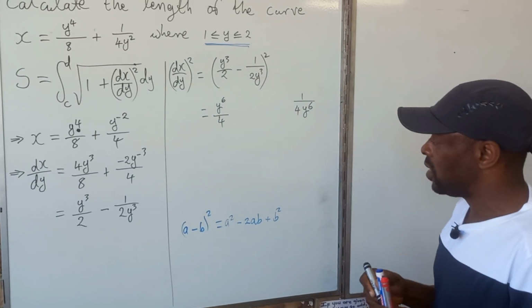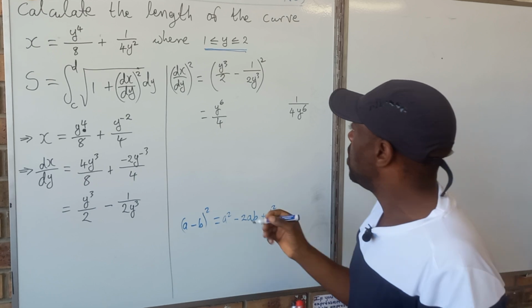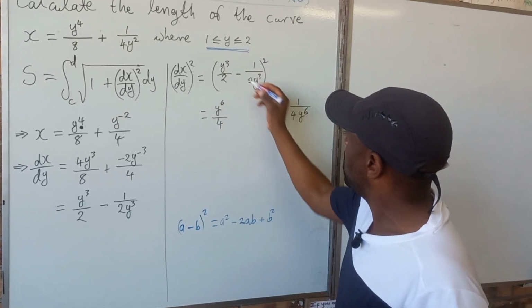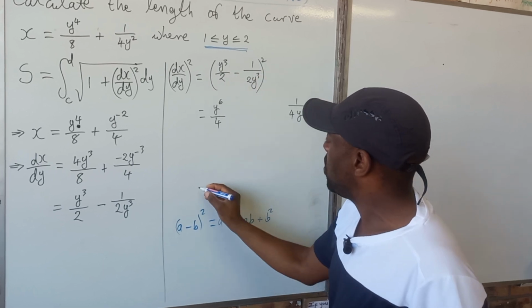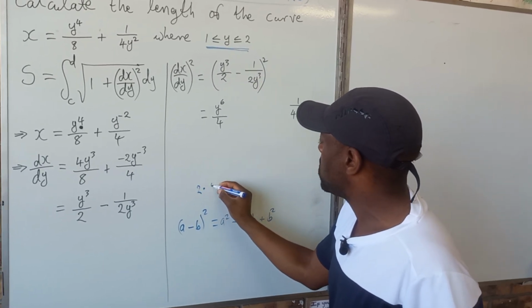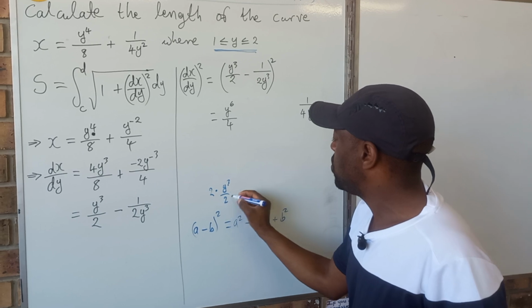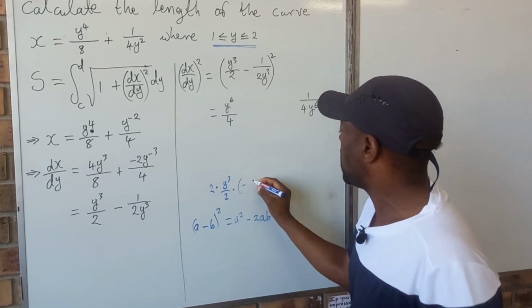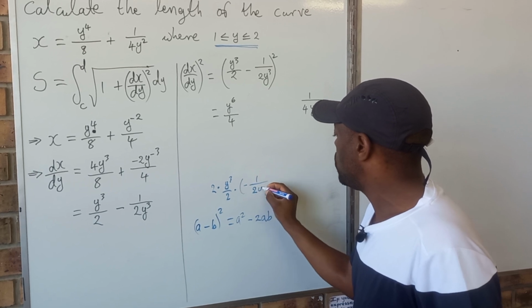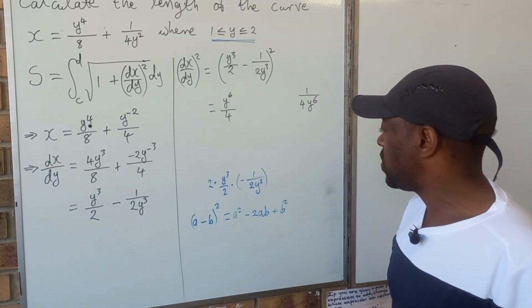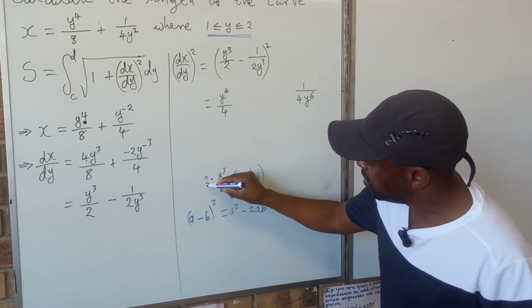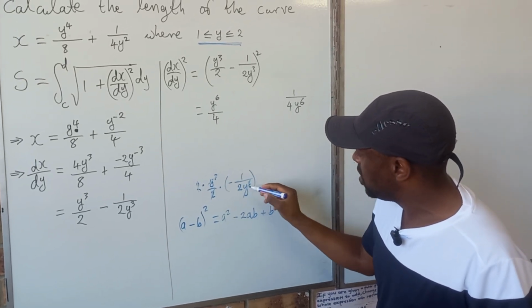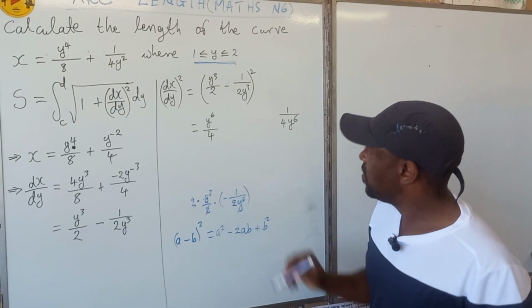If it looks too complicated for you, you can do it gently. The middle term says you take 2ab. So I'll take 2, my a is y cubed over 2, my b is negative, don't forget that b has a negative, 1 over 2y cubed. So in this, the 2 will simplify with that, y cubed will simplify with that, and you're only left with negative 1 over 2.